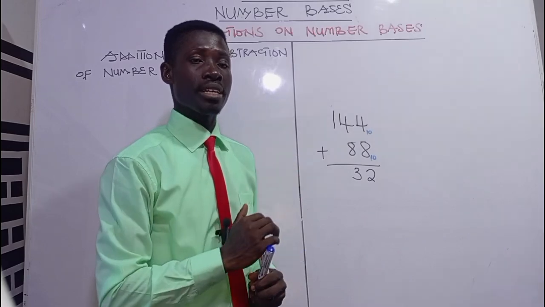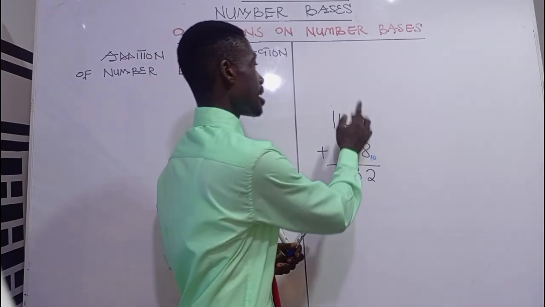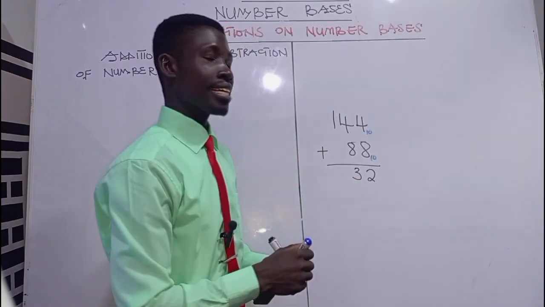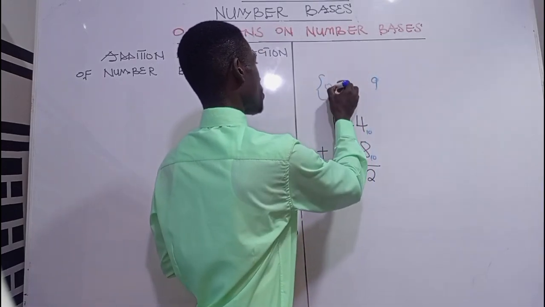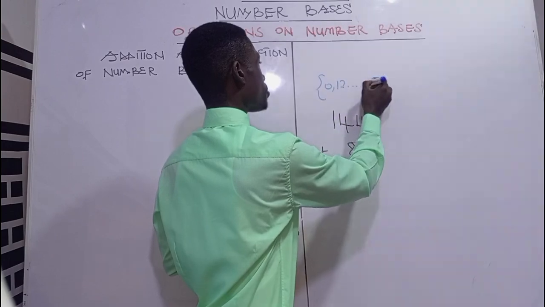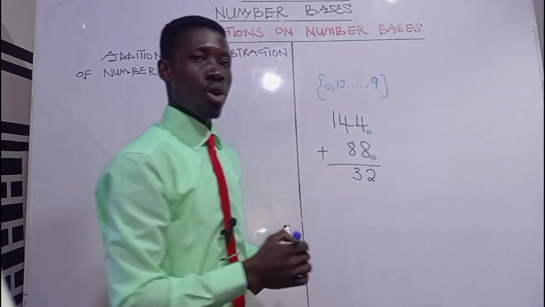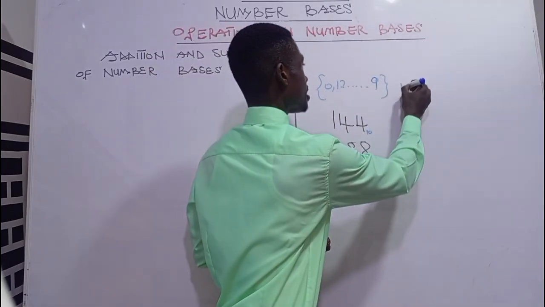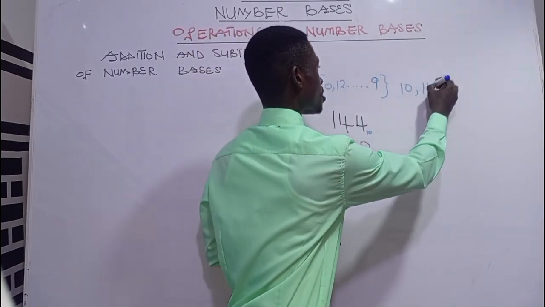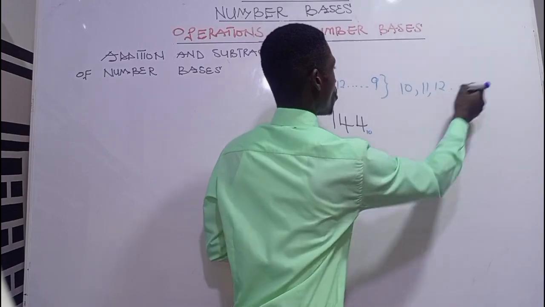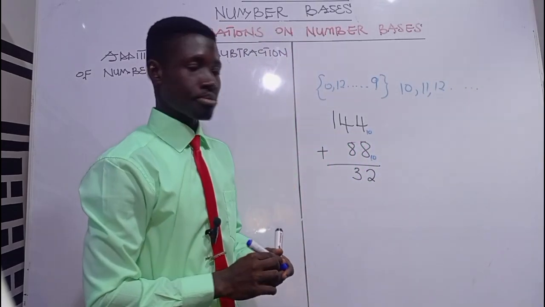I believe you remember that. So in base 10, the highest digit is 9. So it ranges from 0, 1, 2, up to 9. We can't have 10 in base 10. Neither can we have 11, 12, and so on in base 10.